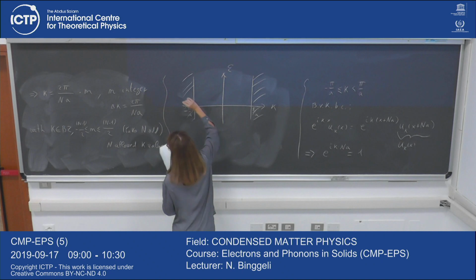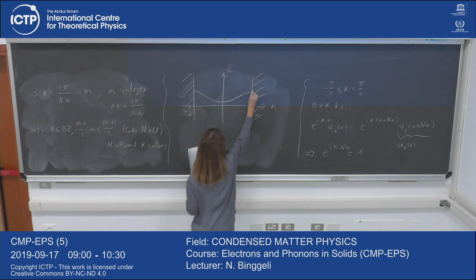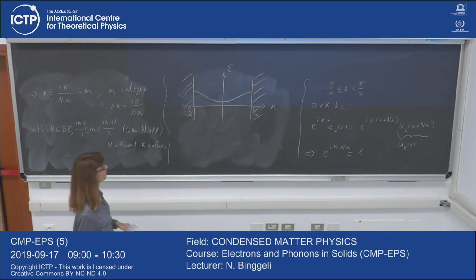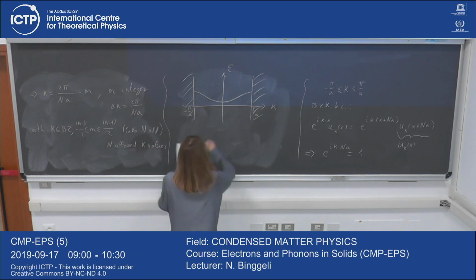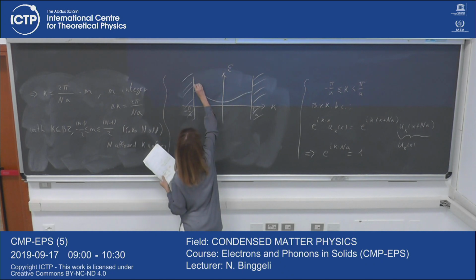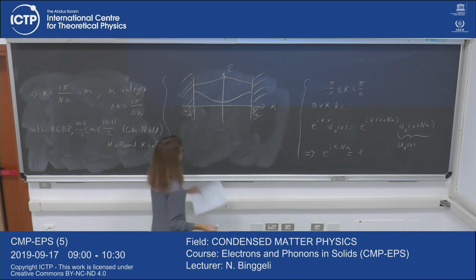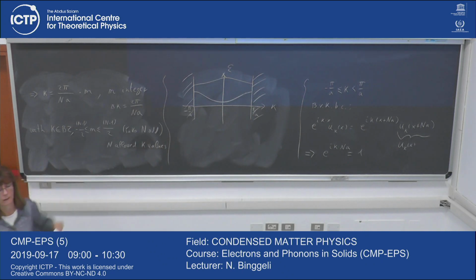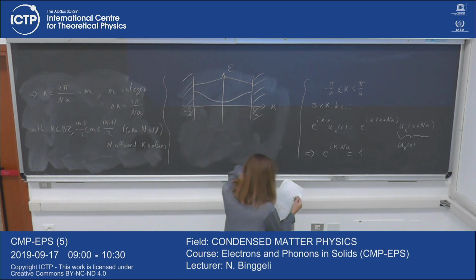So I'm assuming my crystal potential gives me this band. Let's draw it this way, symmetric and with zero slope at the Brillouin zone edge, and I assume I have another band here. Let's say like this. And I will have some other bands higher in energy.